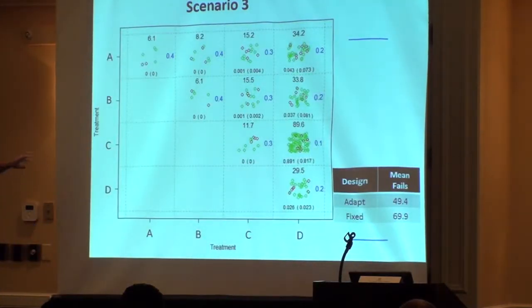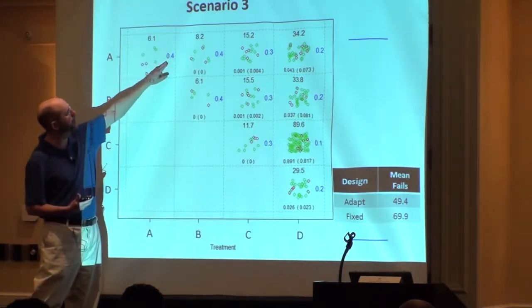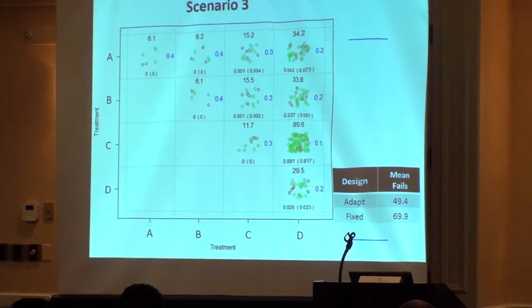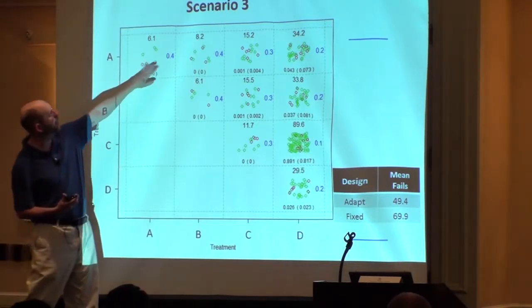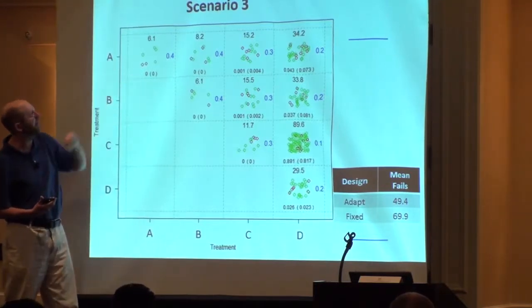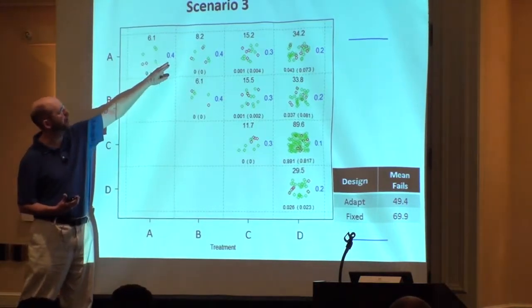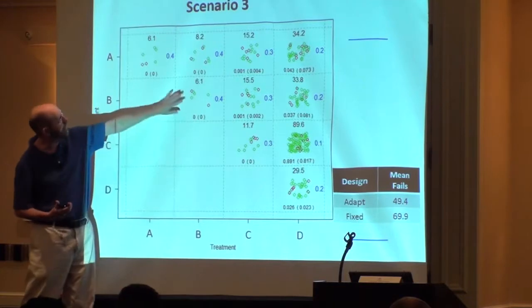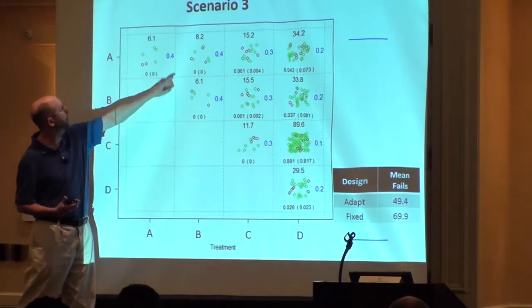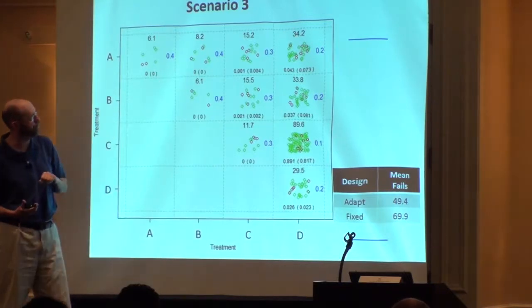So this is intended to get an idea of how well this particular design works. The blue numbers are a hypothetical scenario of how well each of these combinations work. You can see the death rate on drug A alone, so this is A crossed with A, that's A alone, is 40%. Drug B, no matter what you do, drug B alone or B with A, is also 40%.